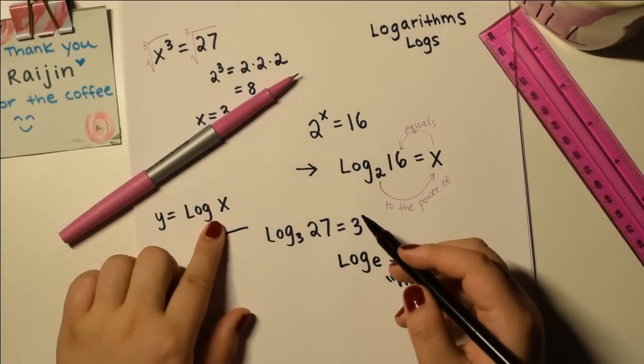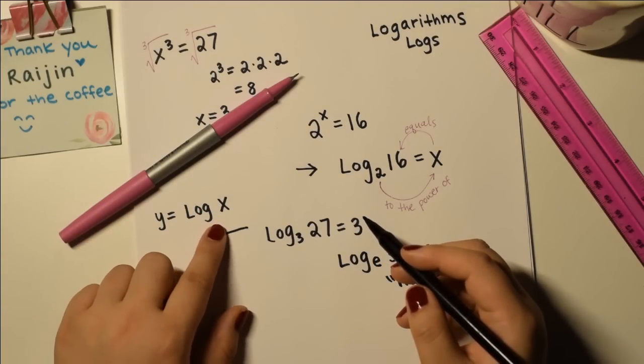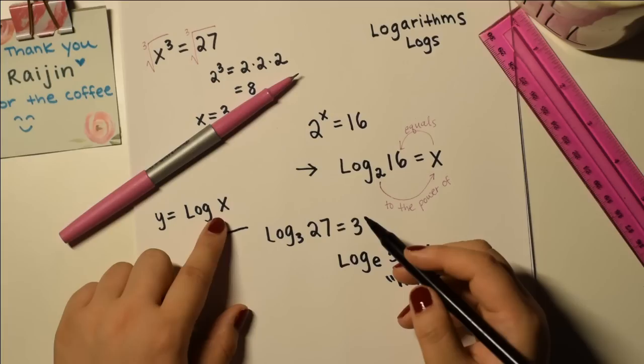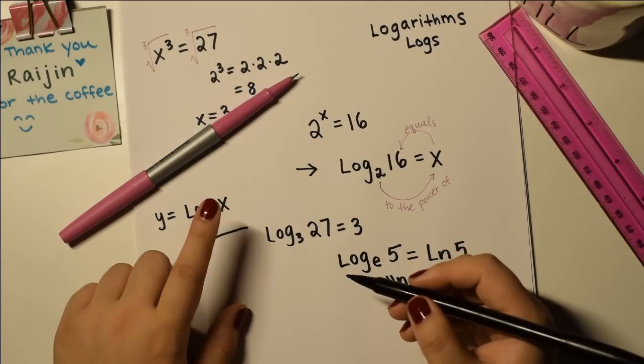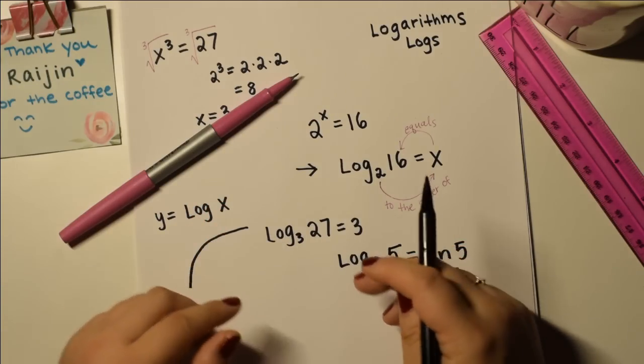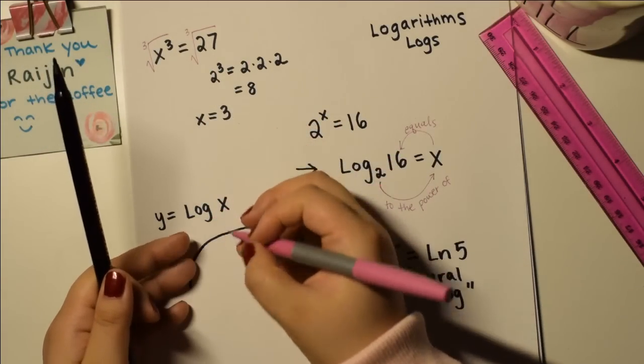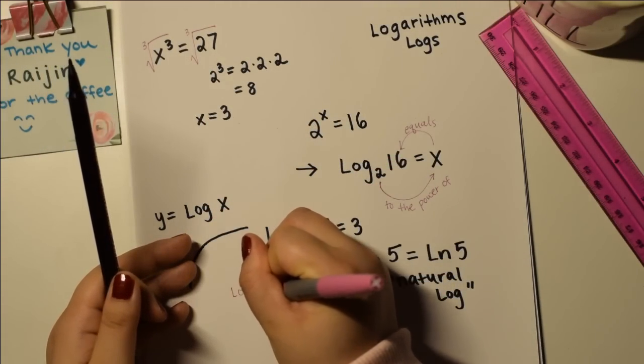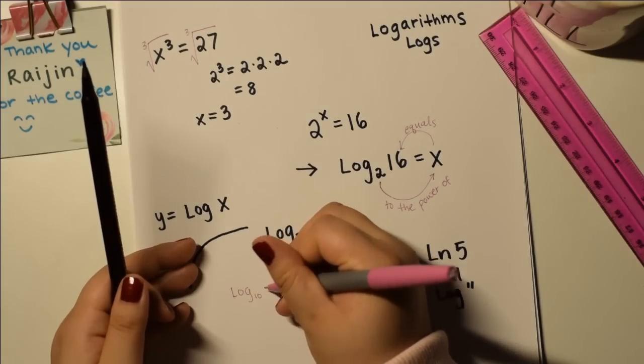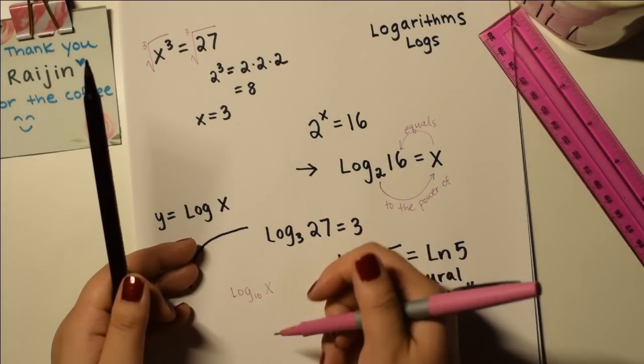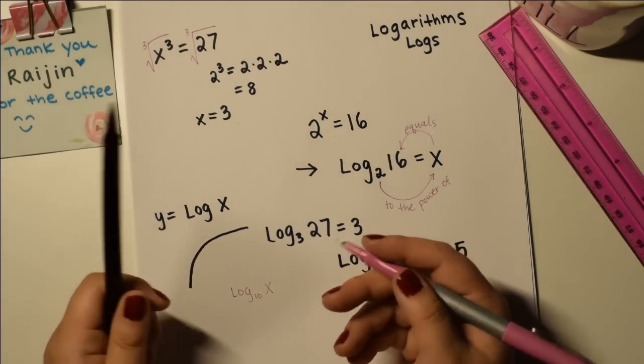And I should also mention, I wrote it this way, but if there is no base written at all, the default is 10, base 10. So it's actually like log base 10 of whatever, like x, or 100 or something like that.